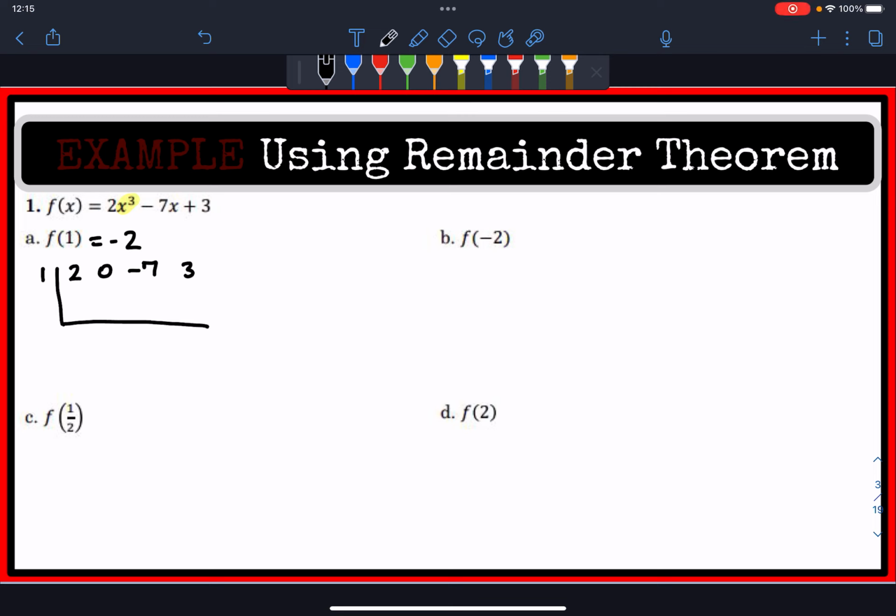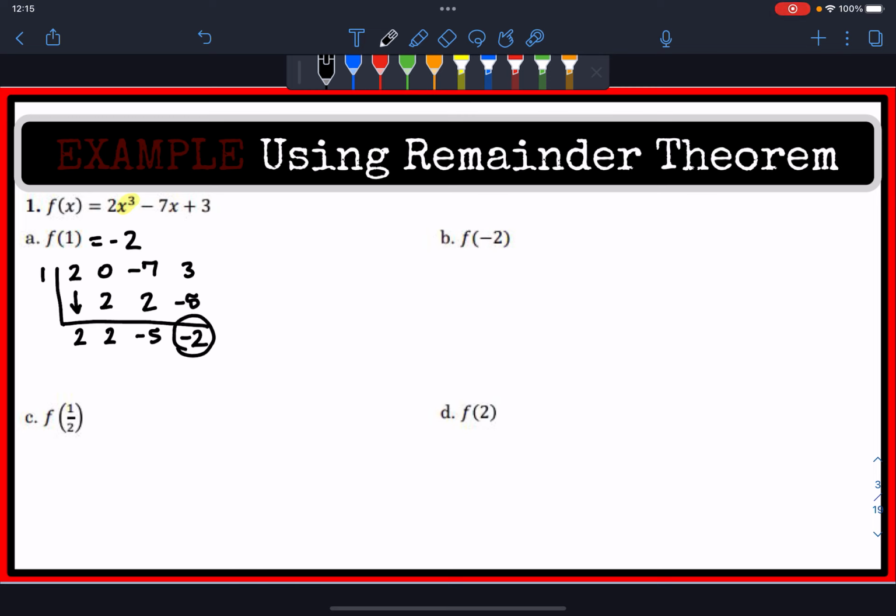And again, to recap what the remainder theorem states, I'm going to get the same answer. I'm going to get -2 as the remainder. So this last number right there is going to equal -2. Using synthetic division, I bring down the 2 and multiply 2 with 1, add 2 with 0, multiply again with 1, add, multiply, and then add again, and I end up again with -2.